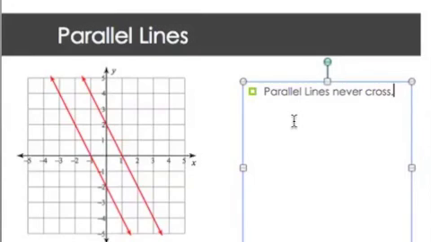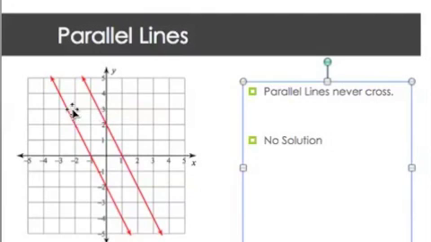The problem is a solution is where the two lines cross. So if the solution is where two lines cross and parallel lines never cross, then if you have parallel lines, the answer is no solution. Okay? Parallel lines have no solution because they will never, ever cross.